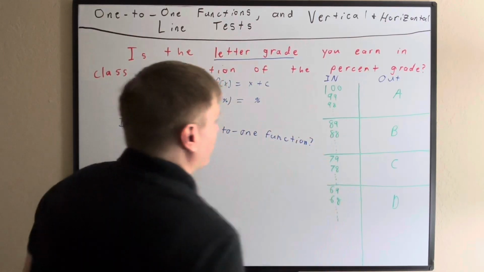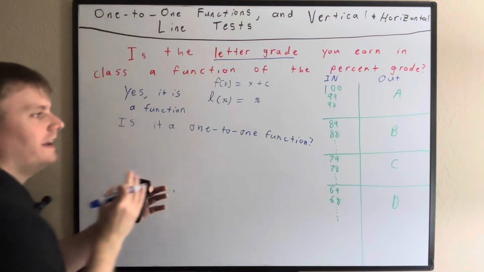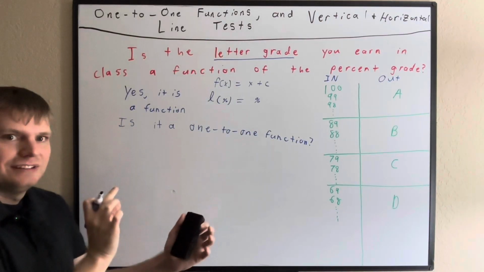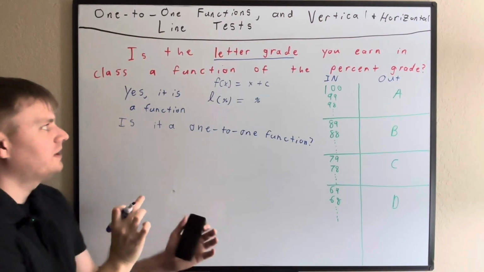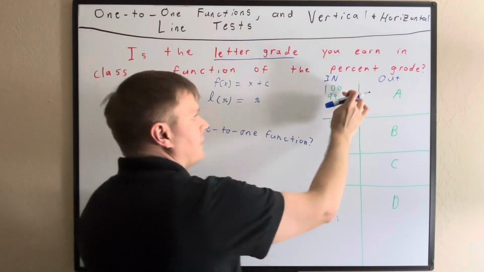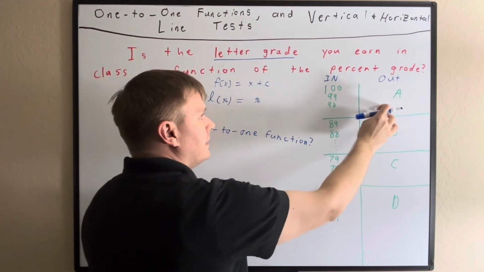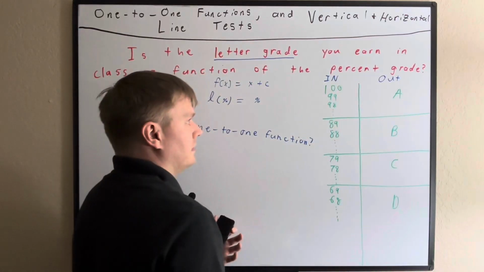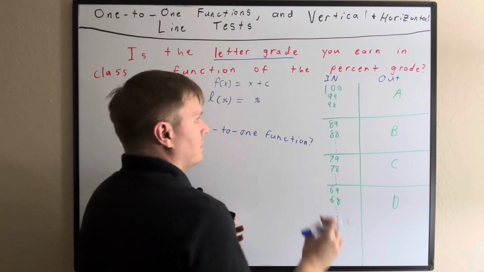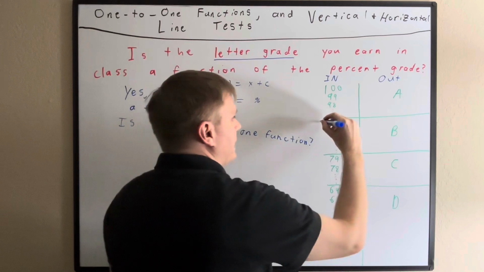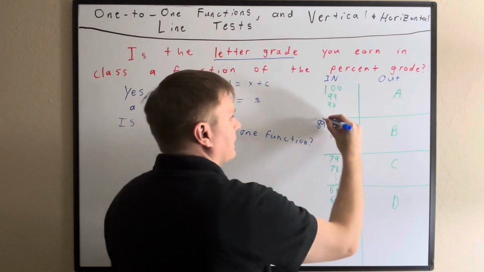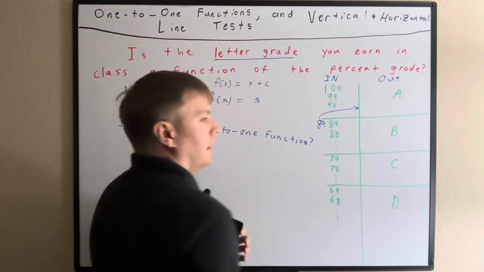Now, what a one-to-one function is kind of like flipped the rules of a function. See, we can have all these different inputs and still get that same output, right? And it's still a function, just so long as we don't have that same input giving us a different letter grade.